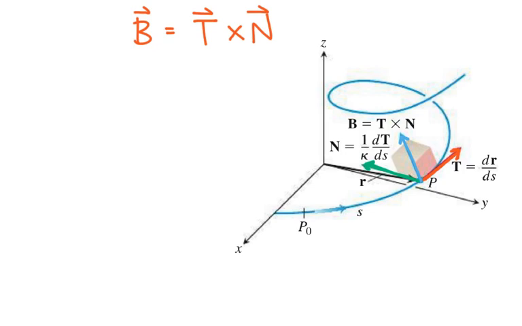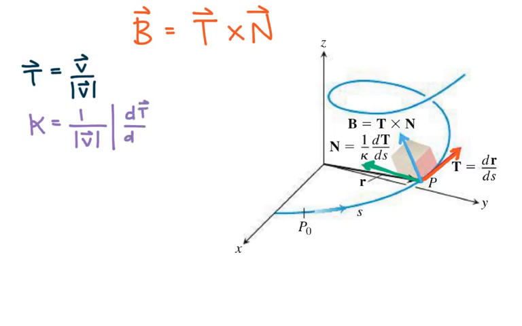So just to redefine a few pieces that we already know, remember that our T vector is equal to the V vector divided by its magnitude. The curvature K, or kappa, is the magnitude of the velocity vector times the derivative of the unit tangent vector's magnitude.